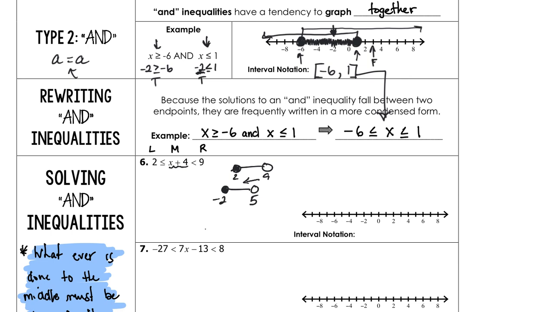Now let me show you why you shift it to the left. We're going to adjust both of our endpoints at the same exact time because of this conjunction compound inequality. So why does it shift to the left, Mr. Minger? Well, how would I solve x plus 4 to isolate just the x?